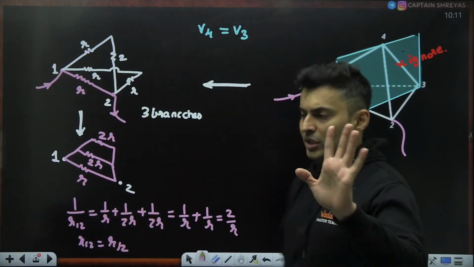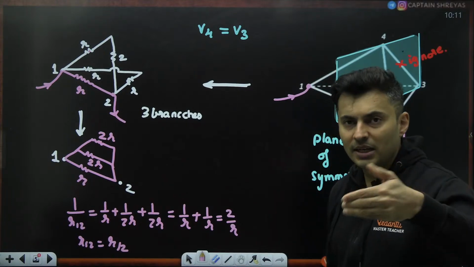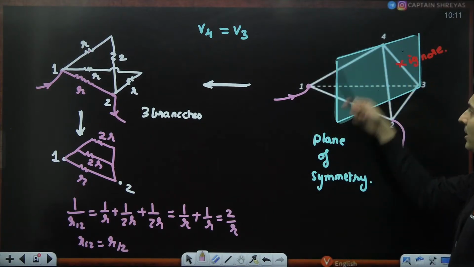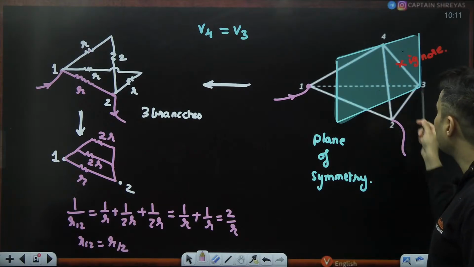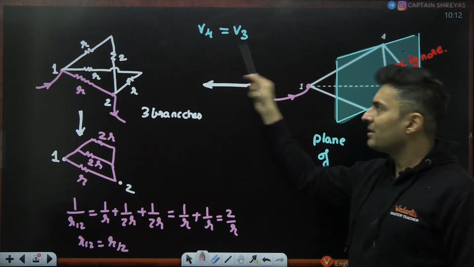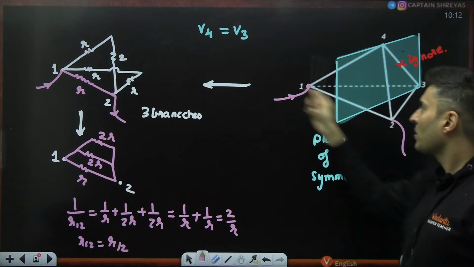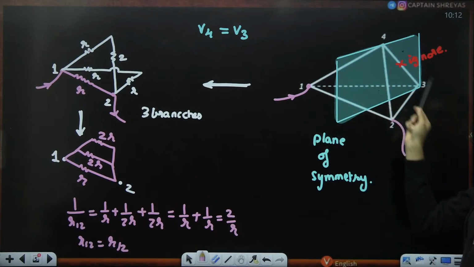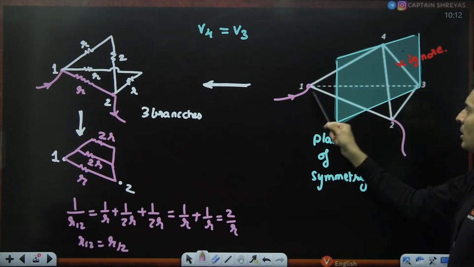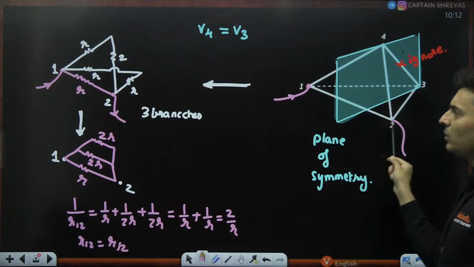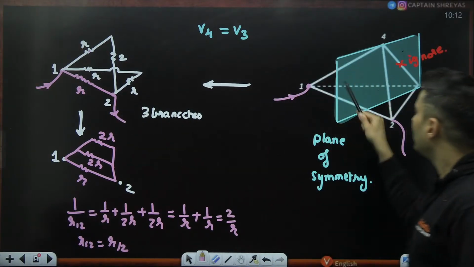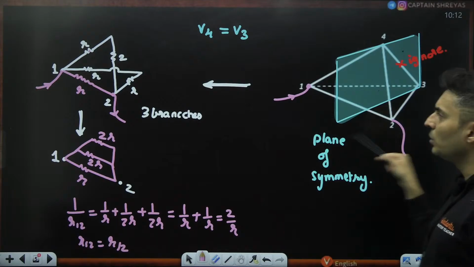So, first of all, whenever circuits have some symmetry, all the points on the plane or line of symmetry are equipotential. Any device between them will be ignored. So the device between them is this resistor that I can ignore. So I have one resistor between 1 and 2, which is that pink one. Then you have 1, 4 and 2.